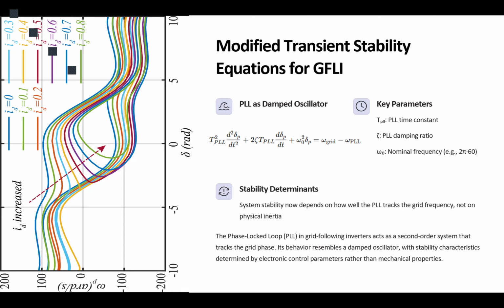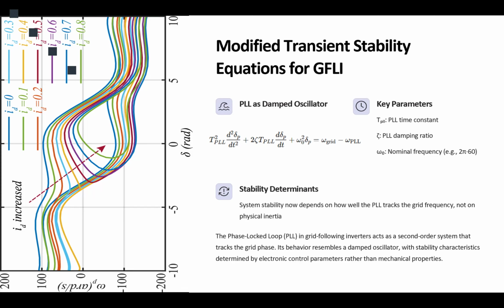Now, when we talk about grid-following inverters, if you go through the state equations and the system function for the control system and topology, we can represent the dynamic of that virtual rotor angle, delta P. Again, please pay attention, this is a virtual rotor angle. It is described with another second order equation, which is a modified version of the previous one.